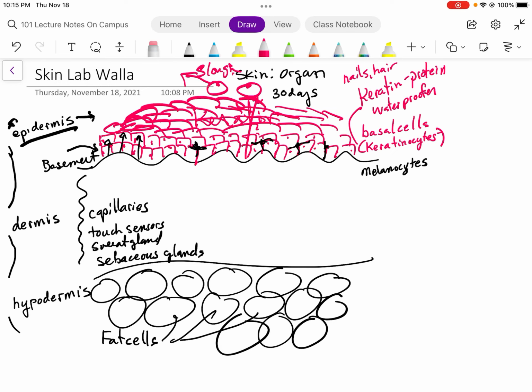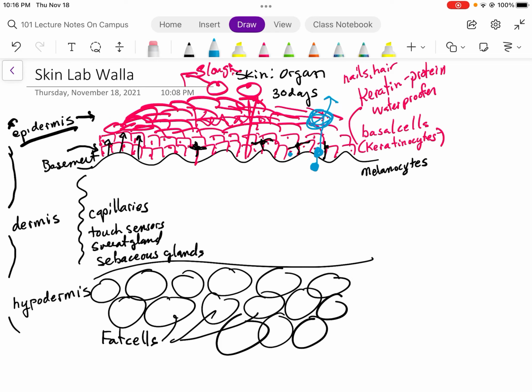Key to this is that if you want to put a tattoo in your skin, and you put it on the surface here, say a little blue tattoo, those cells are just going to fall off. So somehow you have to put the blue color down here in this area. In one of the videos we watched, they suggest that they put that dye down here in the dermis. I'm not sure how that would work exactly.